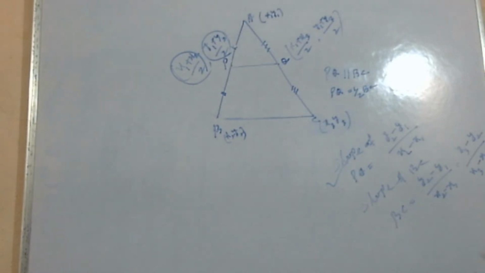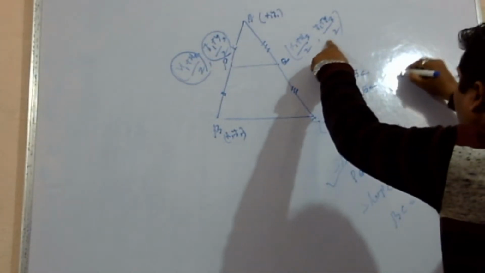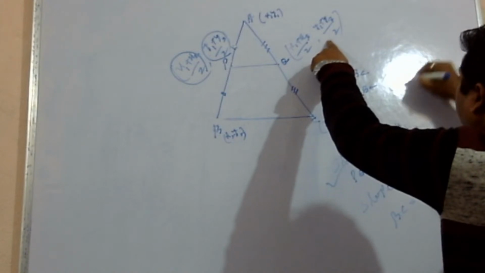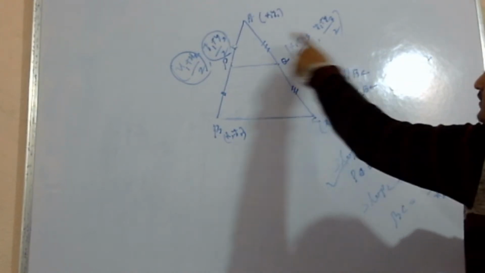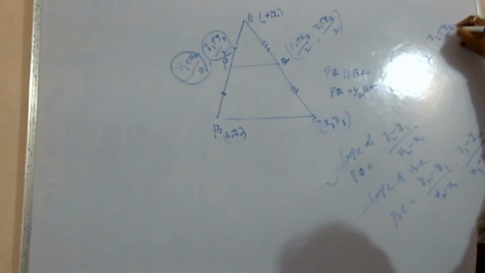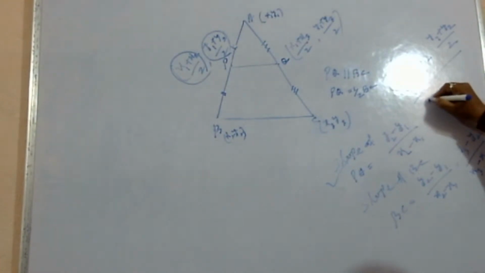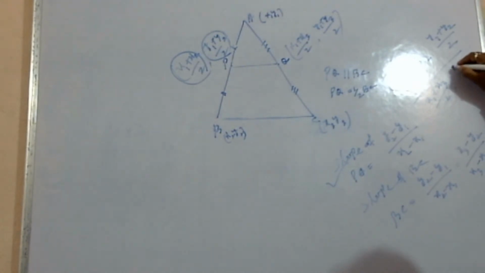In this way, the slope of PQ is (y1 plus y3 by 2 minus y1 plus y2 by 2) divided by (x1 plus x3 by 2 minus x1 plus x2 by 2).